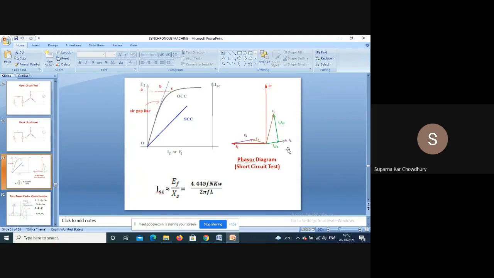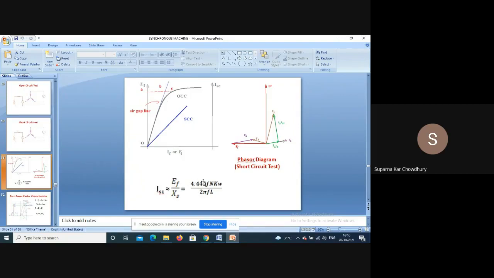The short circuit current, neglecting the leakage reactance drop and resistance, is approximately the open circuit voltage divided by the synchronous reactance, that is, EF divided by XS.